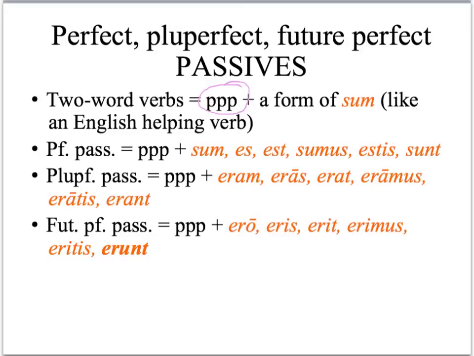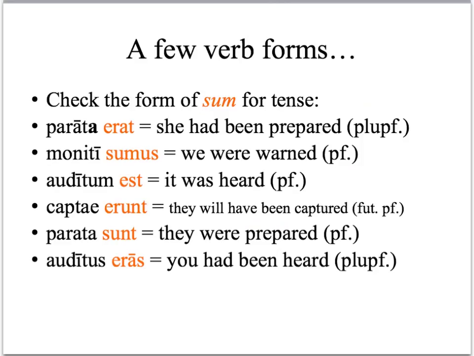The pluperfect passive uses that past participle plus the imperfect of sum, and the future perfect passive, again, starts with the perfect passive participle plus the future of sum, and because we're using this as a real word, not as an ending, you'll notice there's no hyphen in front of each of these forms. We go right back to the regular future form of sum. And here are a few examples of those last three tenses. Always look at the form of sum to figure out what tense you've got.